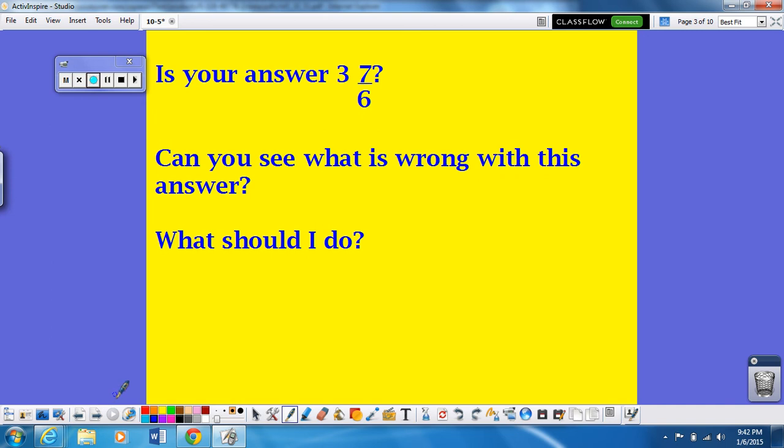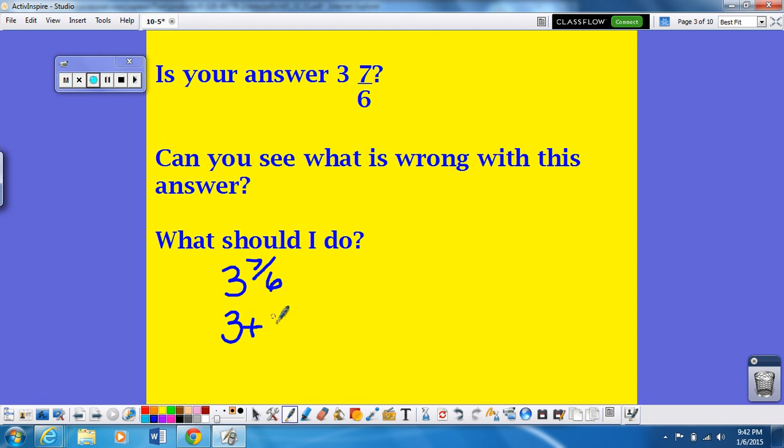Can you see what is wrong with this answer? I have a whole number, but then beside it I have an improper fraction. So 3 and 7/6 is never a final answer. What we need to do is, because this is an improper fraction, we need to change that back into a mixed number. So I'm going to go ahead and bring down my 3, and I'm going to add whatever this is to it.